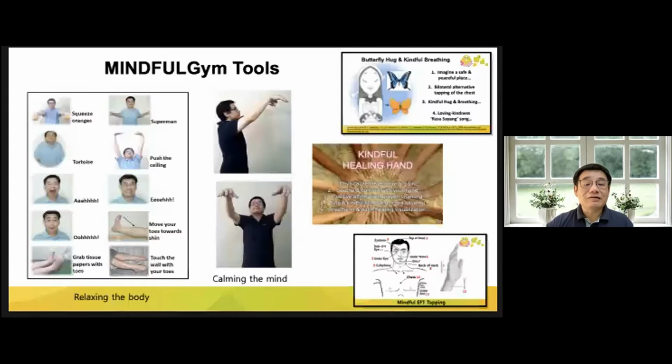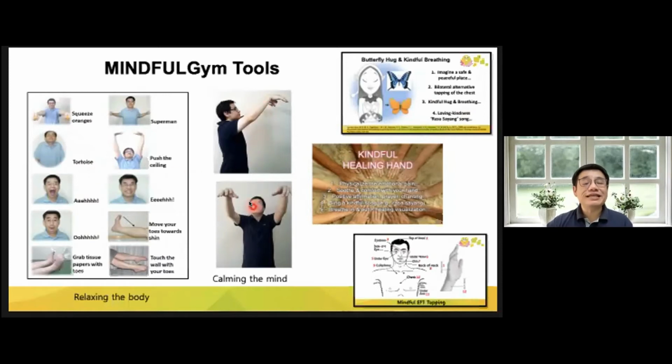So talking about the MindfulGym tools, okay, let's do a little bit of revision. Yeah. So step 2 is allow. In order to allow, we allow to accept the fear, we need the MindfulGym tools. Yeah. So let's recap the tools we have learned. So mindful body stretching, this is very useful for relaxing the body.